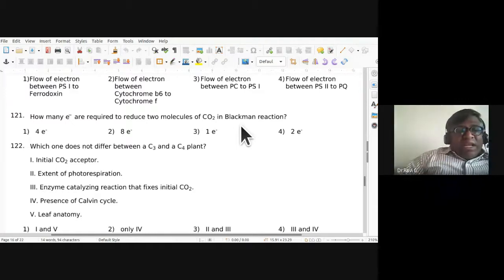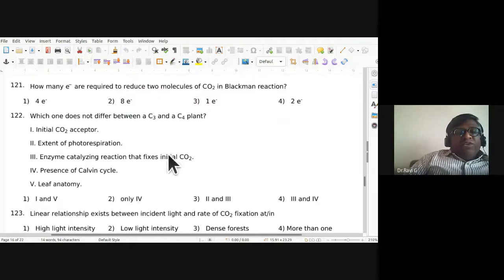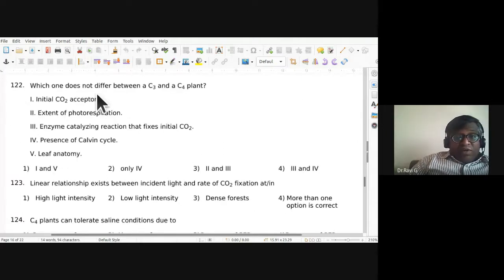Second one, 8 electrons. Which one does not differ between a C3 and a C4 plant? Does not differ means they are similar. Initial carbon dioxide acceptor, they do differ. Extent of photorespiration, they also differ. Enzyme catalyzing the reaction that fixes initial carbon dioxide, they differ even in that.